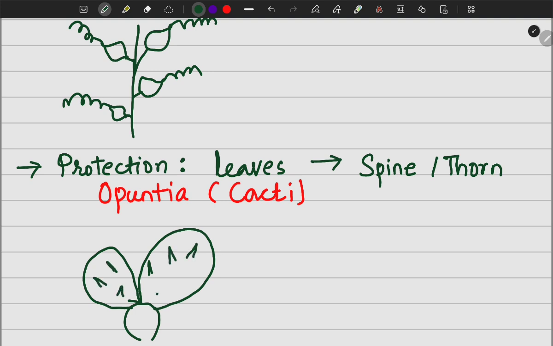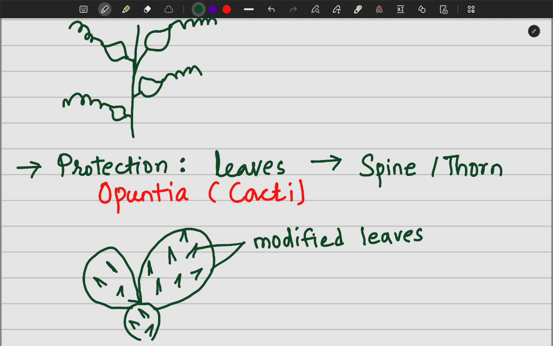You must have seen a cactus, right? It has thorns all over its body. So those thorns are nothing but modified leaves. So these are actually the adaptations for the dry climate or the arid region where the temperature is very high.